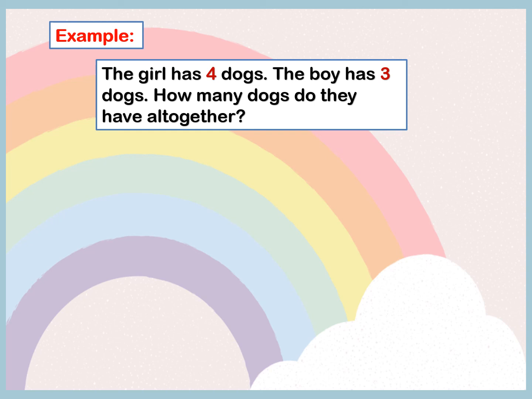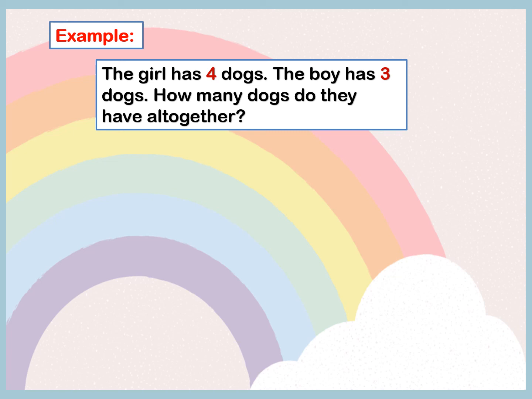Now, as what Teacher Joshua said, the girl. So what pronoun should we use for the word girl? Good job. It's she. And the girl is only one, so we use the pronoun she, so we should use has. She has, or the girl has 4 dogs.